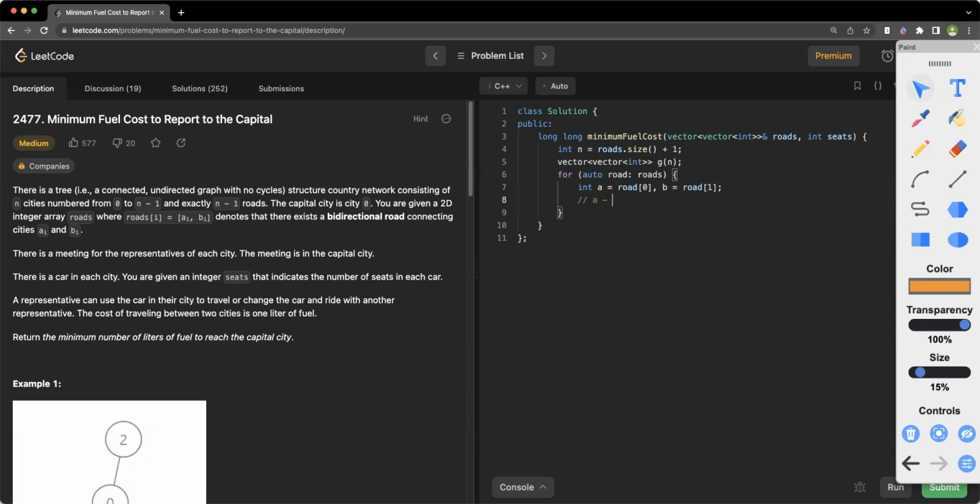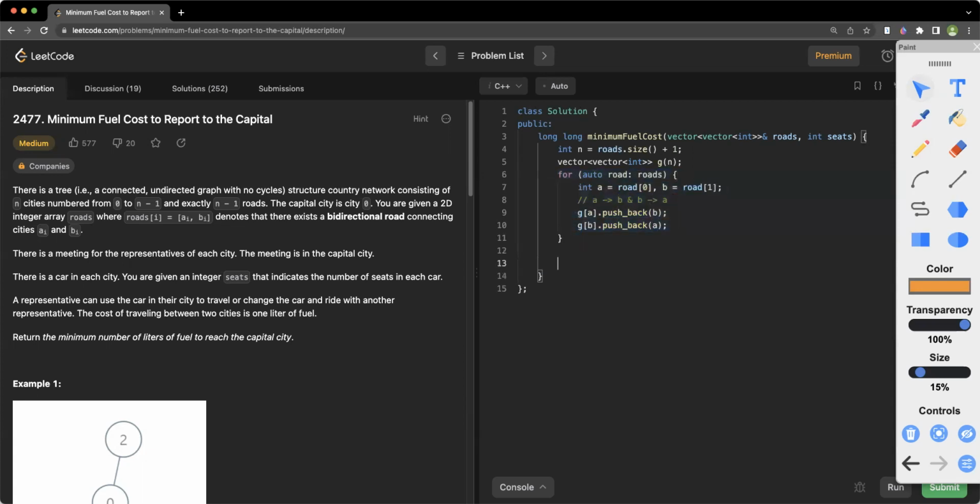So we have to add A to B and B to A to our graph. G of A dot push back B, and then G of B dot push back A, right? Now we have built the graph.